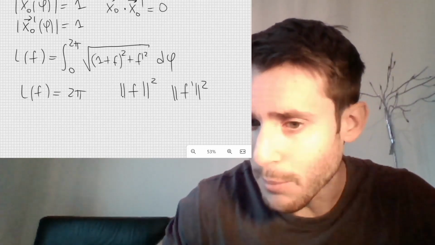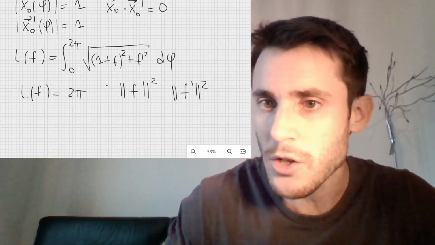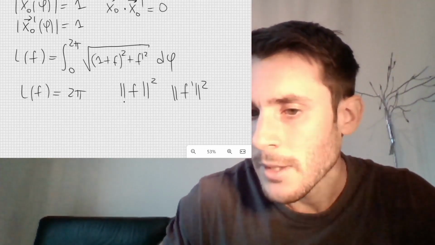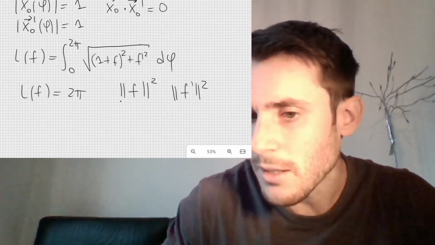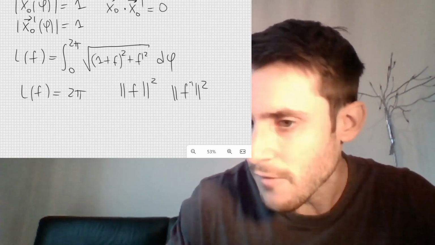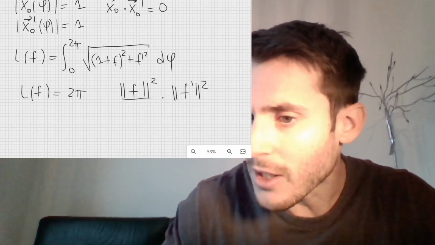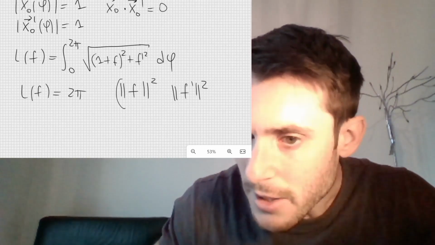So these are the bars which take into account the definition that we considered earlier. Let me just say mod f squared and mod f prime squared, but you just have to remember the definition for these two straight bars.